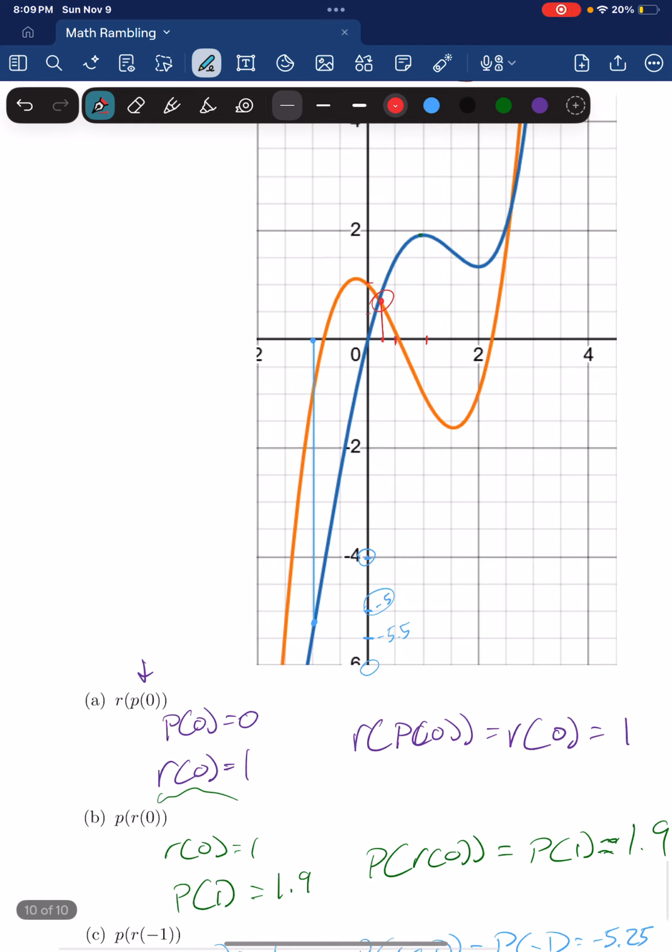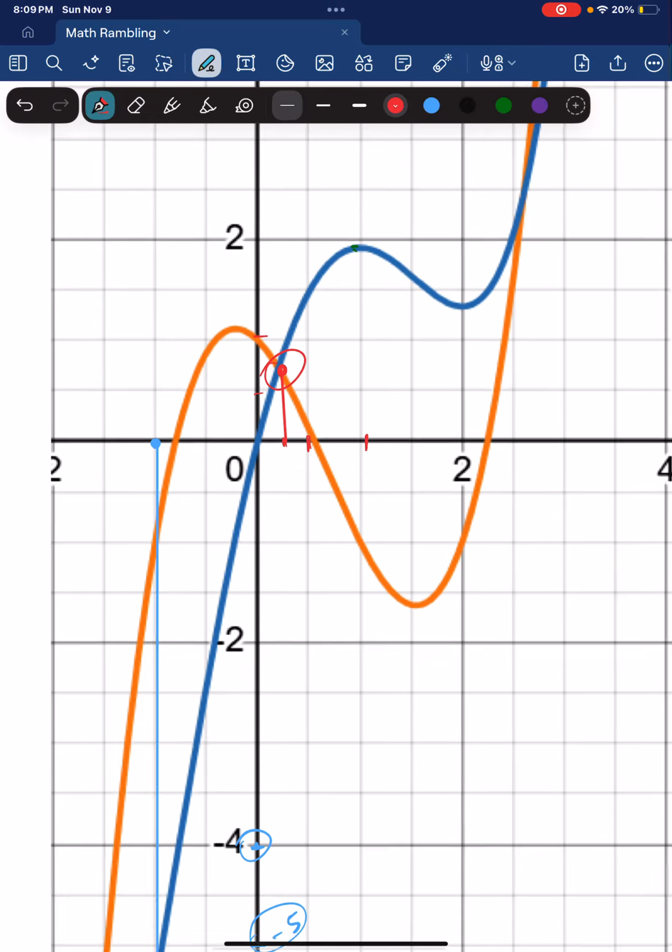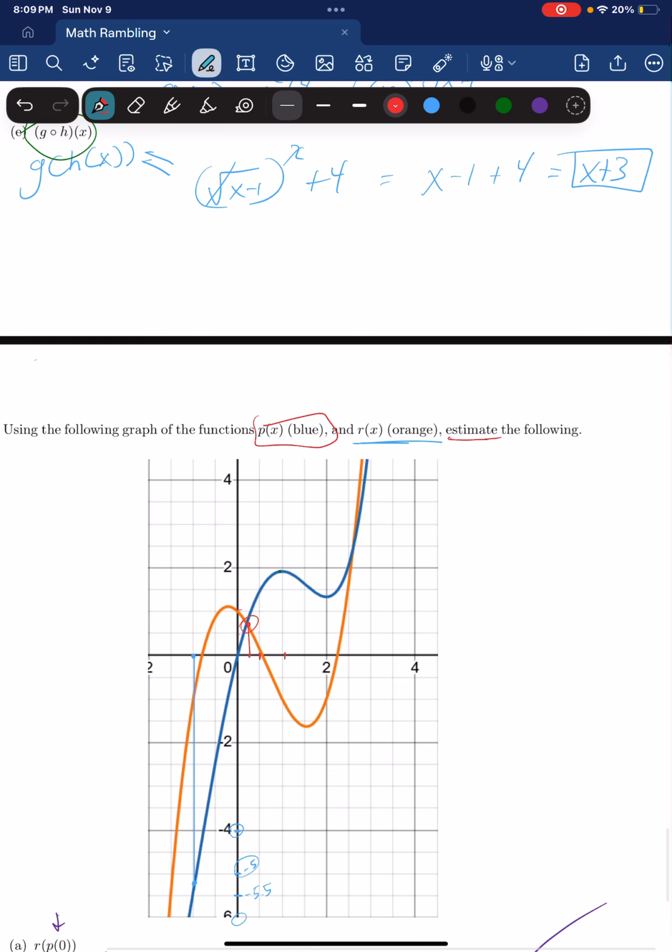Okay, we could do this. R is the orange line. The orange line. Here's 1. Here's 0.5. Here's 0.75. Okay, and the orange line is at, we'll call that, so here's -1.